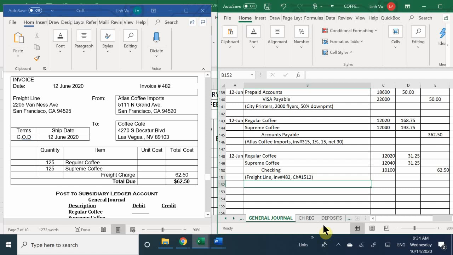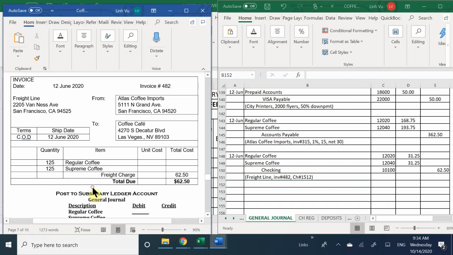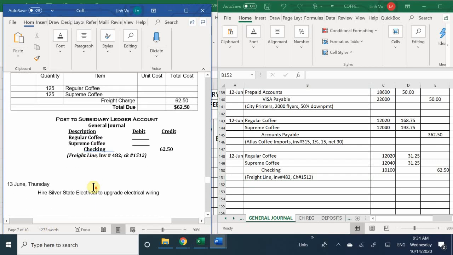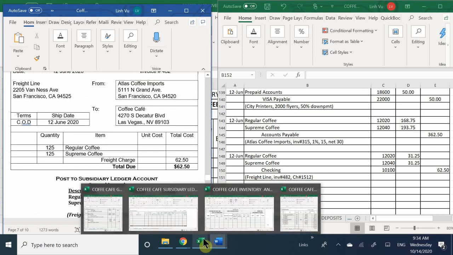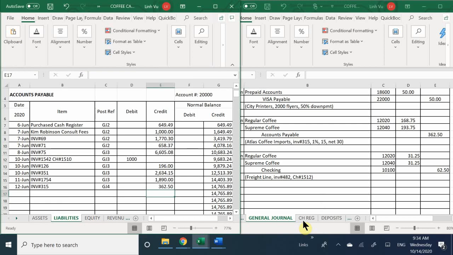So the next thing that we got to do is go to our ledger, our general ledger. Because we're going to be dealing with our regular and Supreme coffee, you should be on page 6 and page 8 for Supreme coffee.